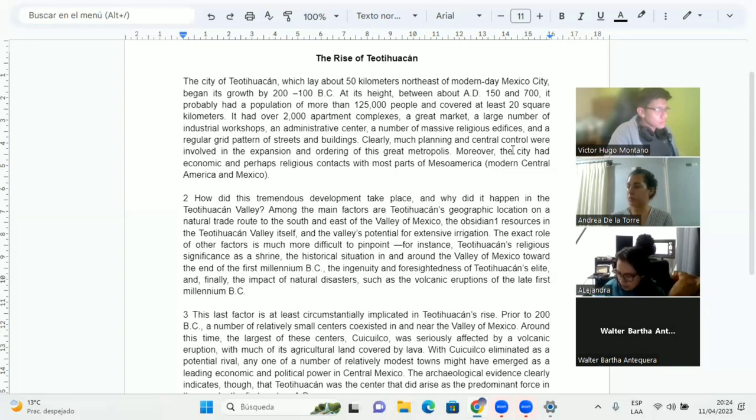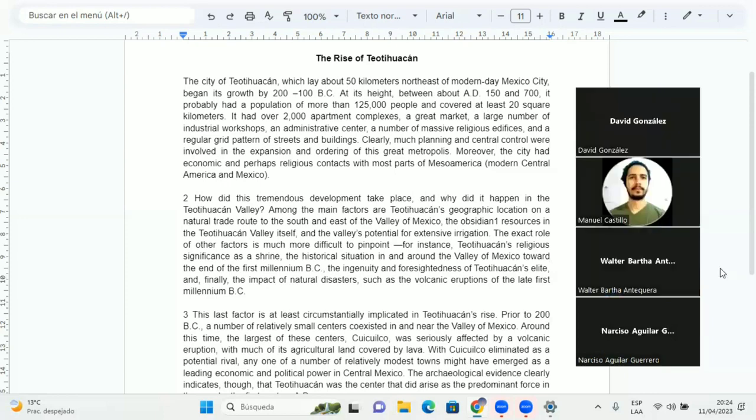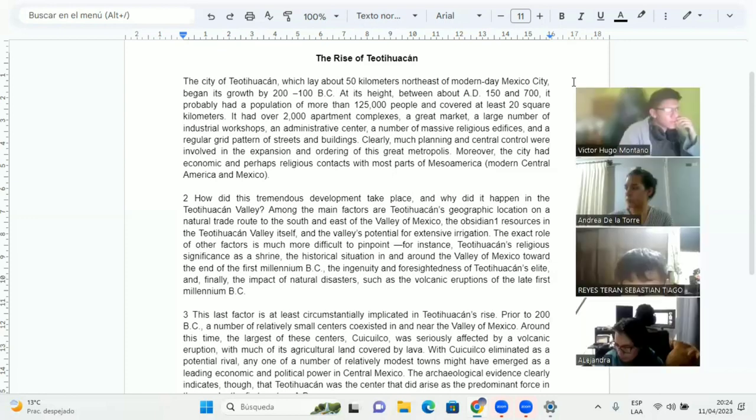Teacher, may I explain what I understood? Yeah, of course. Okay, I think that it talks about a civilization that now is a part of a city of Mexico, well, it's in the country of Mexico, right? But in the past, Mexico didn't exist.